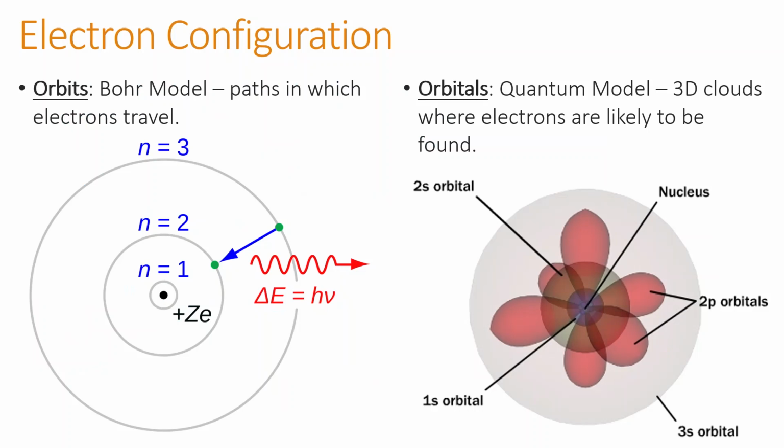We still have energy levels, but they're not these neat circular orbits or paths around the nucleus. Instead, we have orbitals, the 3D clouds where electrons are likely to be found. So electrons still have energy levels and they still move between them, but those energy levels are instead in these orbitals, these 3D clouds of electrons.